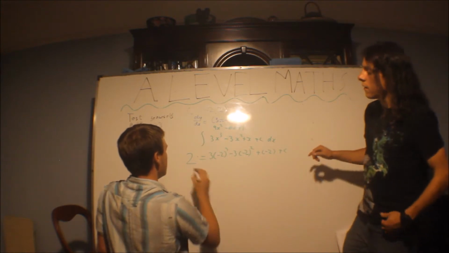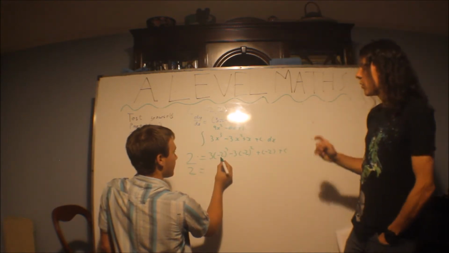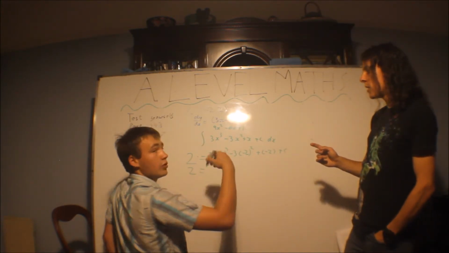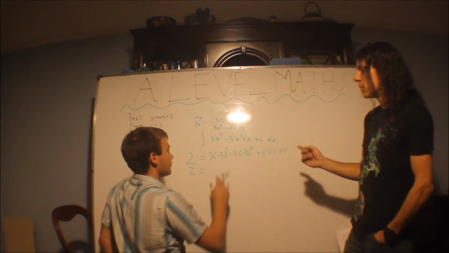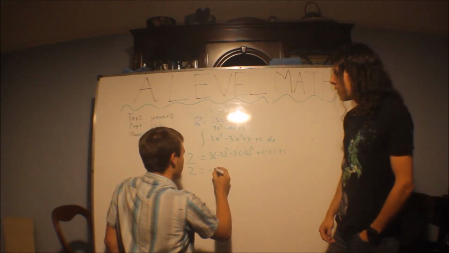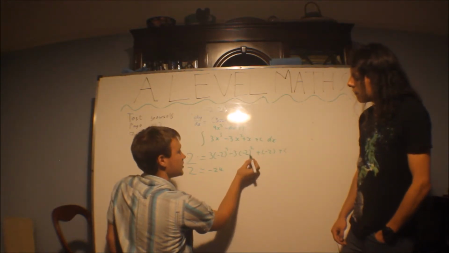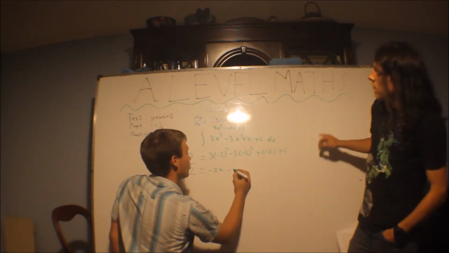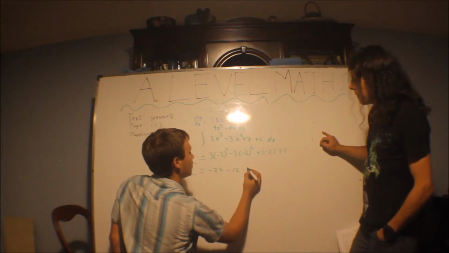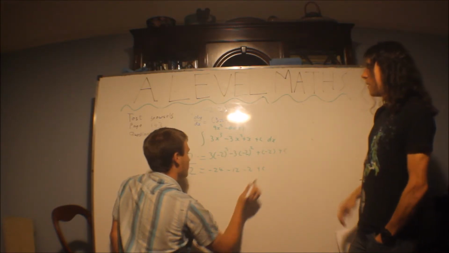That is quite lengthy. So 2 equals, minus 2 cubed is minus 8, and then times 3 is minus 24. Now this squared would make it 4, but then it's times by minus 3, so it becomes minus 12. Minus 2 plus c.